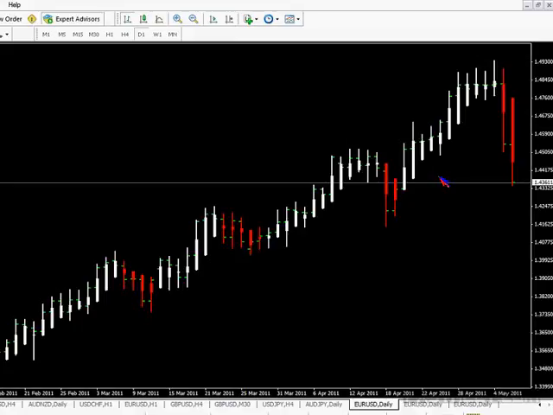I would suggest that when the market is clearly trendy, like in this particular case, you can add an ADX. That would be the best indicator to add. If the trend is not that strong, then maybe a stochastic oscillator will be great to find the signals to get into the market.